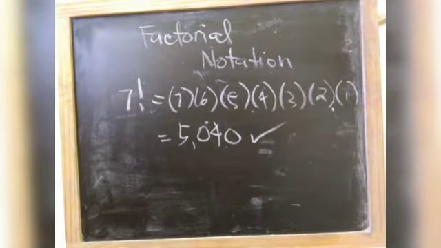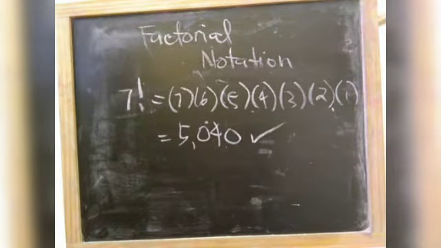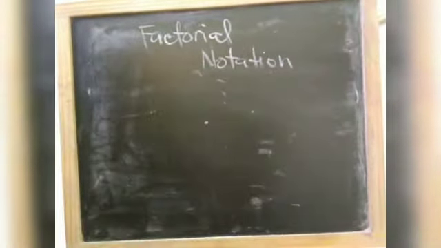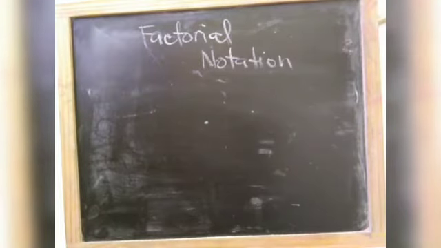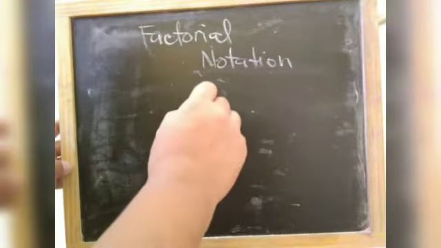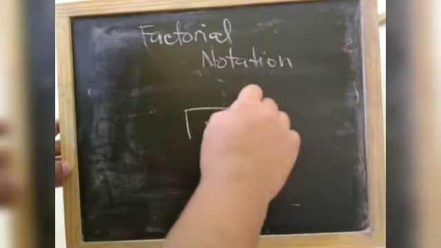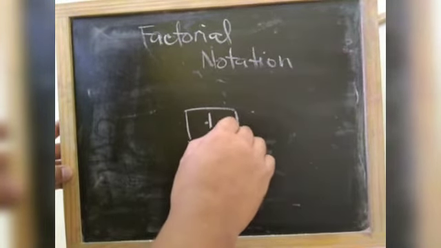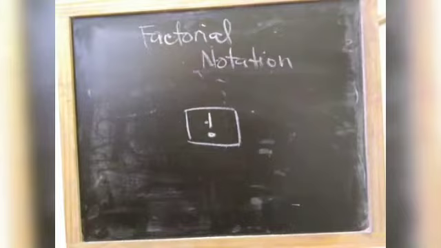Basically, ganyan lang siya, yung factorial. Now, sa calculator nyo, meron actually function dyan na kung saan mako-compute nyo agad yung factorial. You just have to look for this symbol. Usually, merong symbol na ganyan sa mga calculator ninyo.